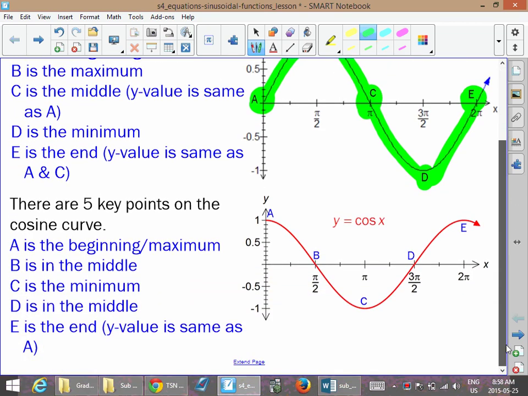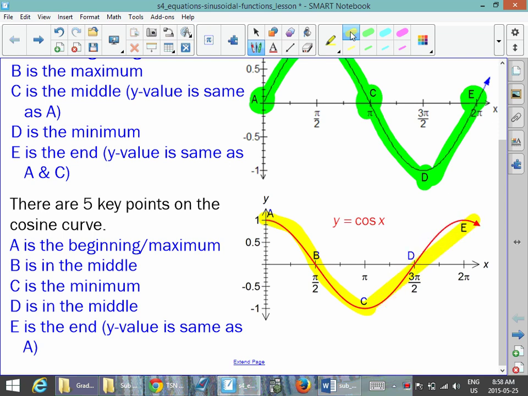Now, we'll take a look at the 5 key points of the cosine curve. It basically looks very similar to the sine curve, except it starts at the top and then it comes down to the middle and down all the way halfway through and then works its way back up to the top to finish off. Okay?